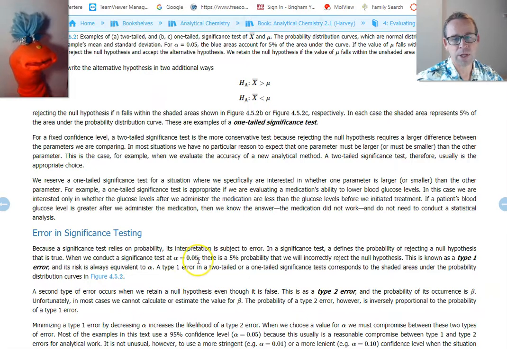That's right. Rejected, meaning that there seems to be a difference. If this is higher, 0.06 or anything higher than 0.05, then what would that mean in terms of your null hypothesis? That you can't reject the null hypothesis. They might be the same. That's right. Those concentrations might be the same.